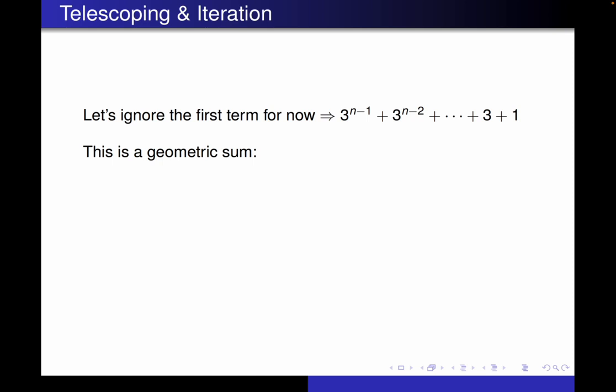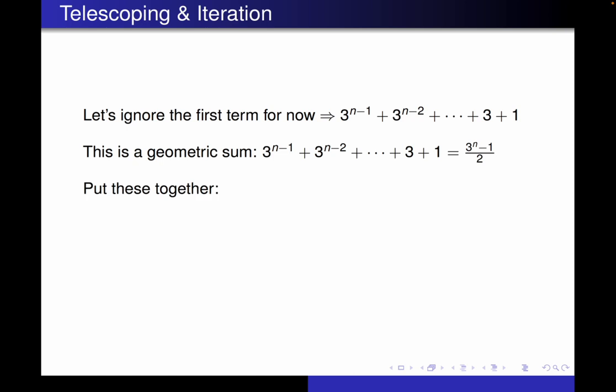So it's a geometric sum, and the nice thing about a geometric sum is we have a formula for it. Now, you may not remember the formula for it. I'm going to let you look that up if you need to, or figure it out using the techniques that we use for geometric sums. But what you end up with is 3 to the n minus 1 over 2, which is a nice closed form for that geometric sum.